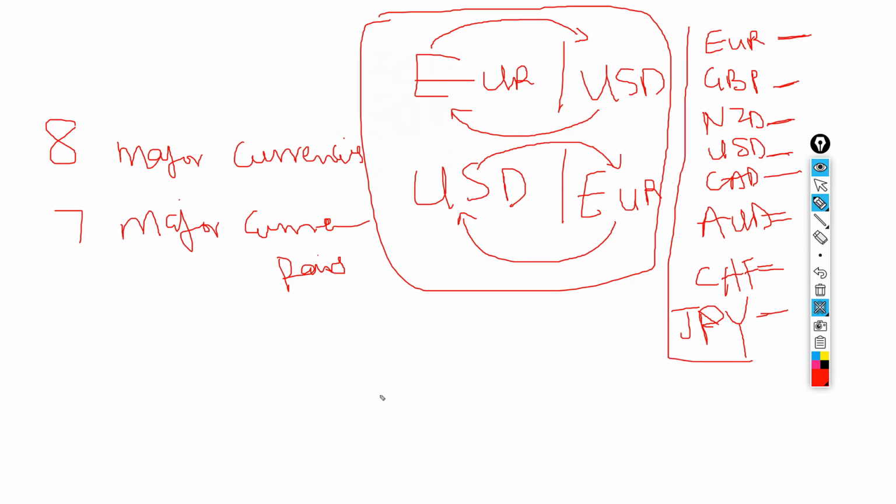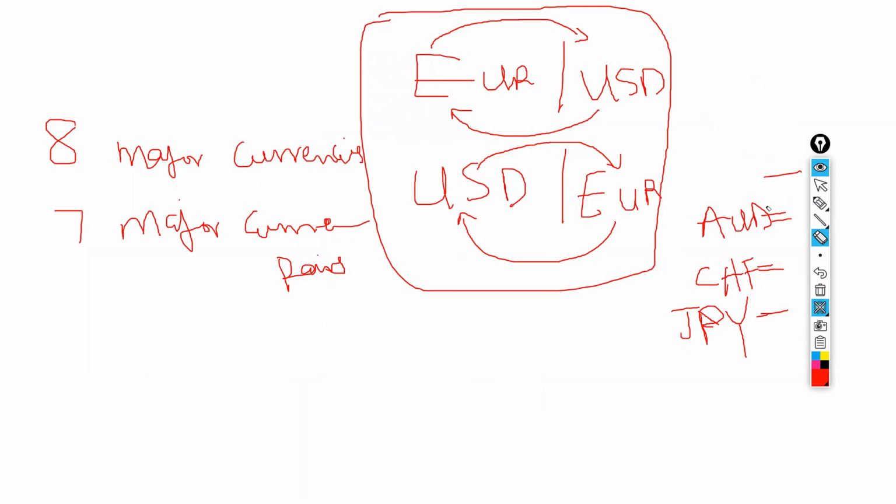That is good. So list the 7 major currency pairs. Euro against the USD. Great Britain pounds against USD.